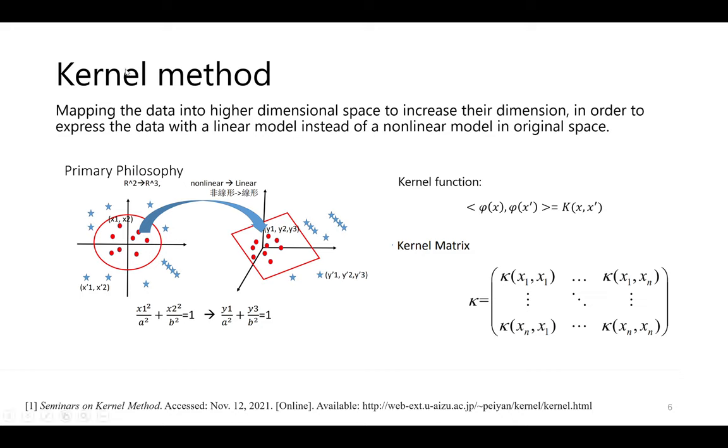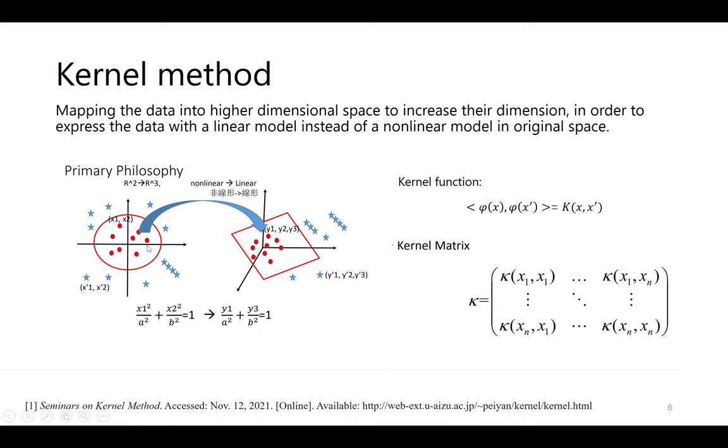This part is a kernel method. It is to map the data into higher dimensional space to increase their dimension in order to express the data with a linear model instead of a non-linear model in the original space. I explain it in this picture. In this space of 2 dimensions, if we want to separate the dots and the stars, we have to use a circle.